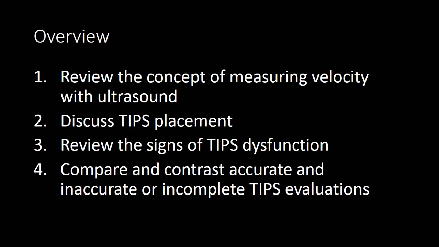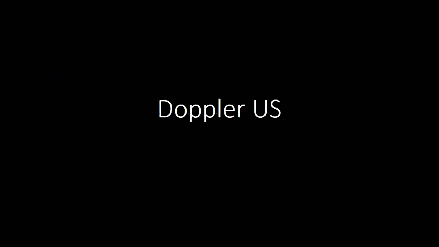We're then going to talk about how abnormal TIPS placement can lead to dysfunction and how the distal TIPS is often the site of that dysfunction. We're going to then review how we screen for TIPS dysfunction with ultrasound, and then we're going to look at a number of cases and we're going to QA those cases for accurate or inaccurate measurements.